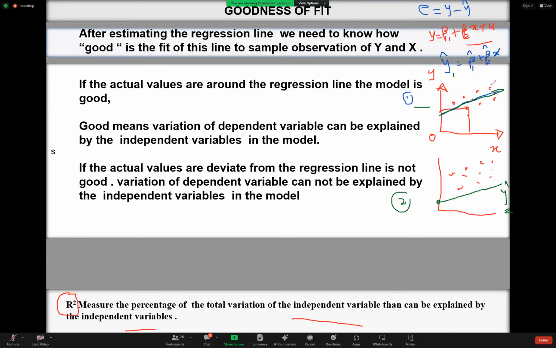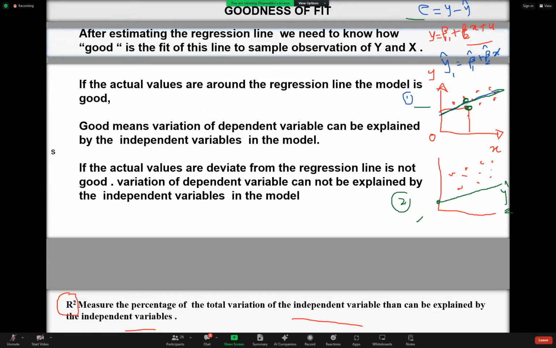In other words, how about the error terms? If you compare these two, which one has more errors? Model 2 has more errors. Error means y minus y hat. Y is this value, y hat is this. The difference between the actual observed value and the estimated value.